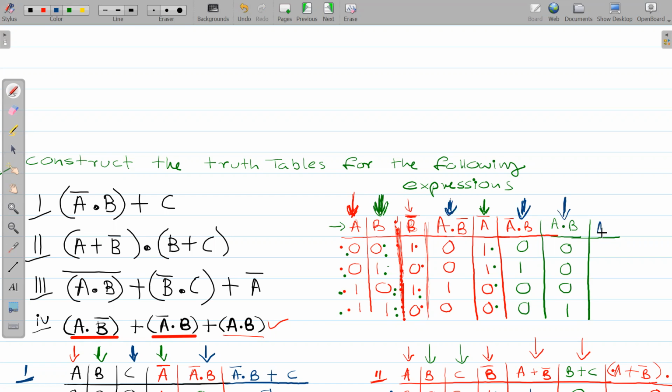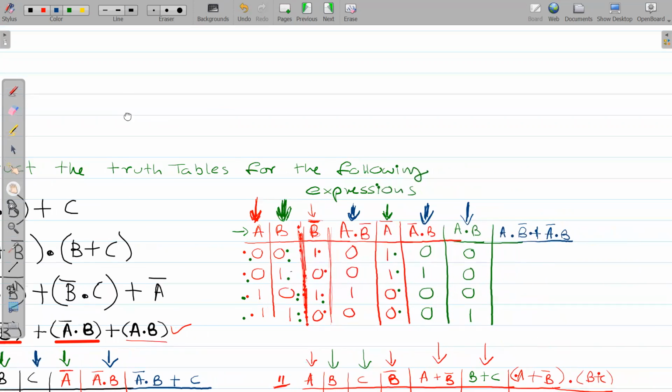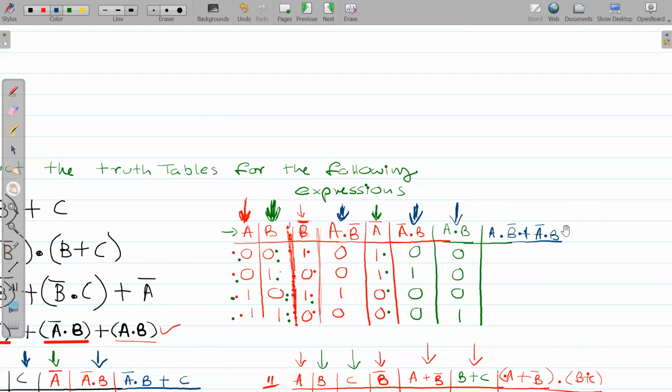That's going to give me my output. A dot B bar plus A bar dot B plus AB.